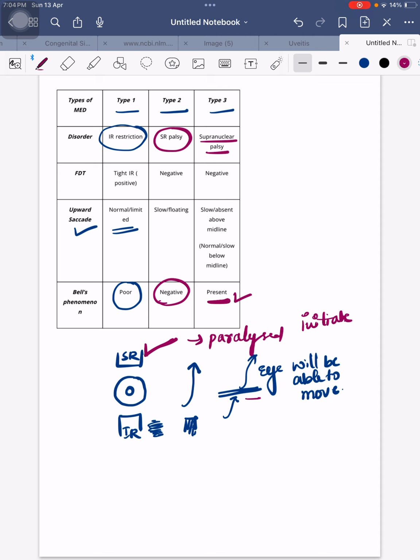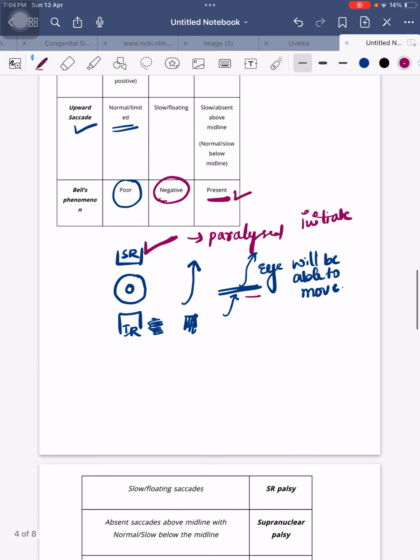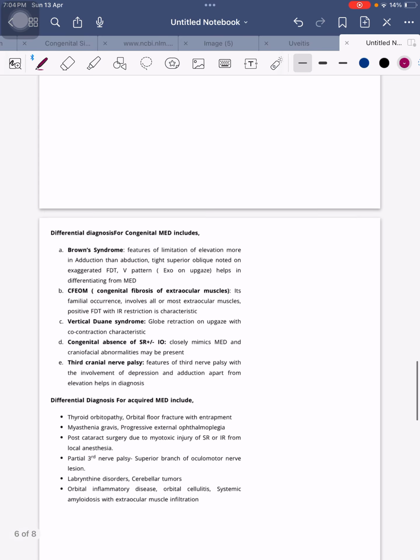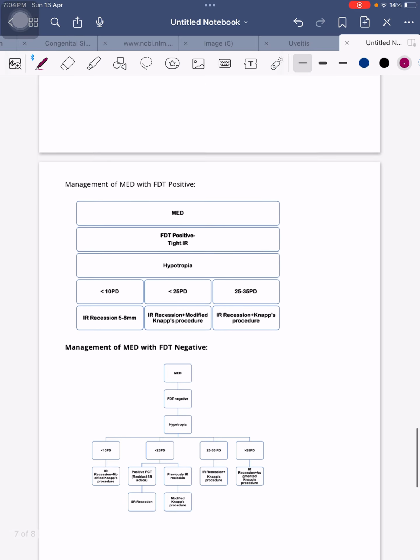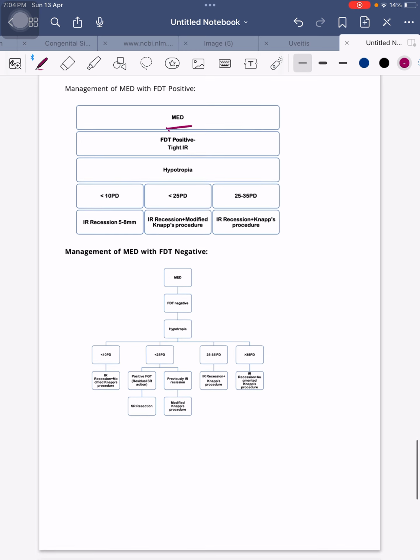Now how do you differentiate all three types of monocular elevation deficiency? Whenever there is an MED, you can do FDT. It is called force duction test. Here, if this is the globe, these are the two recti muscles.